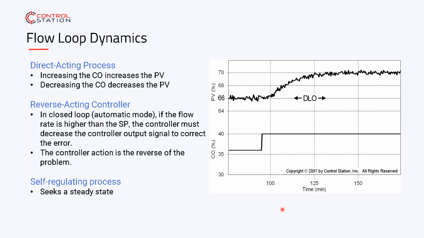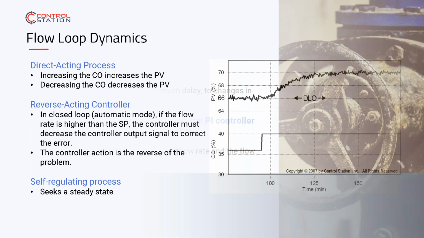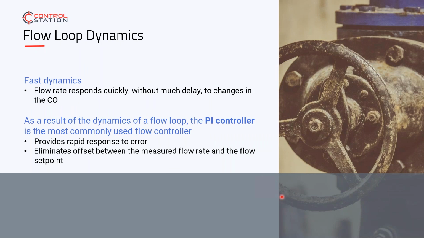Thank you, Damien. If we can jump to the next slide. So the flow loop, which is the major workhorse in our process plants, is typically rather quick and works without much delay. In most cases, the proportional integral controller is sufficient to control your flow. And with these fast flow rates, you need your valve to respond accordingly.